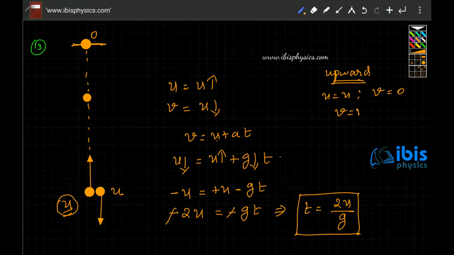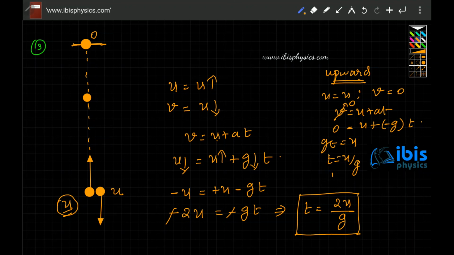Then v equal to u plus at: final velocity is 0, initial velocity is u upward, and acceleration g is downward, so it is minus g into t. So gt equal to u, t is equal to u by g. So the time to go up is u by g, and the time to come down will also be u by g.